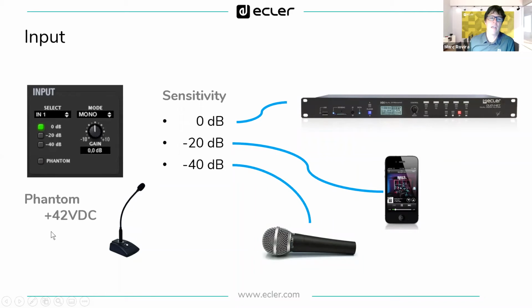And we've got a phantom of 48 volts. If you push here, you activate the phantom. Here you decide if you are in mono mode or stereo mode.